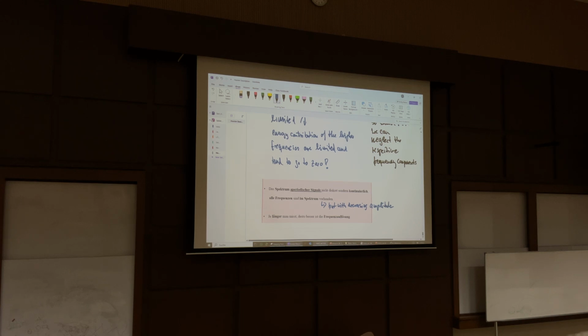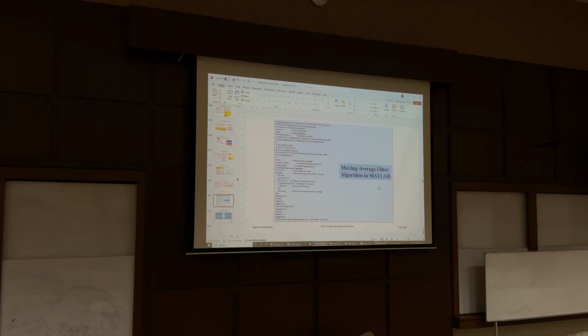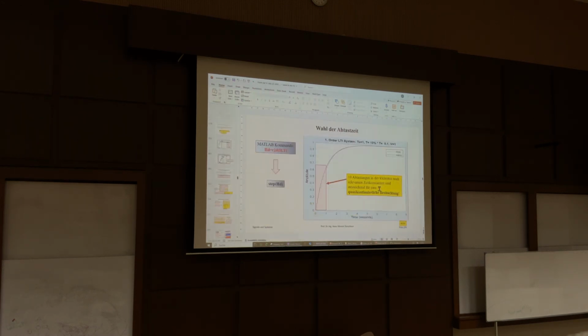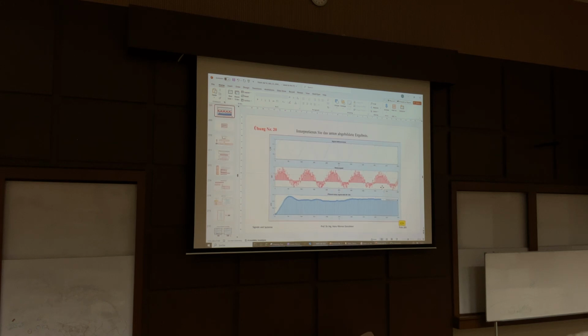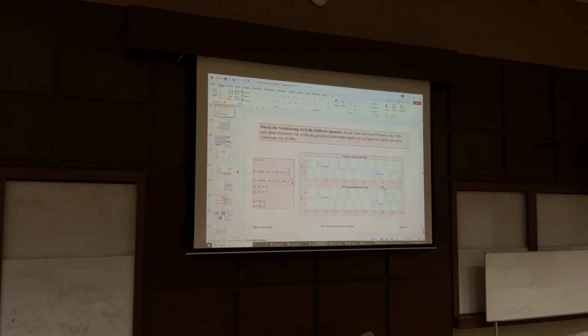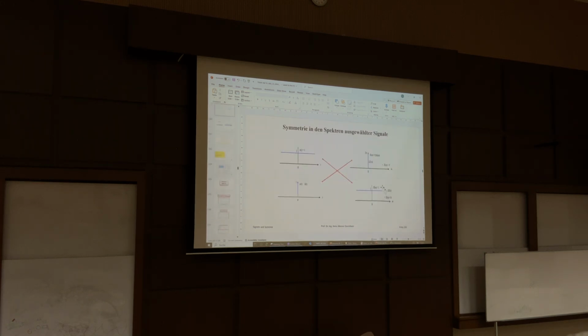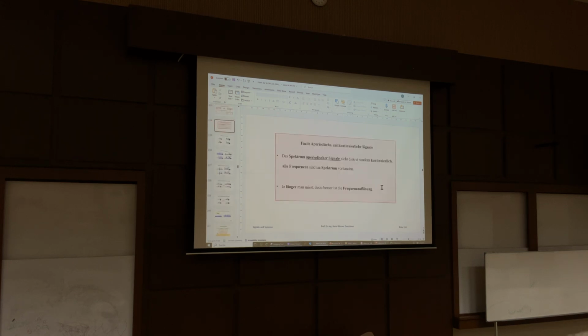I should actually add this in the foil, mit verschwindender Amplitude. Let me see, I just add this. That should actually be part of this statement. I do it right now.